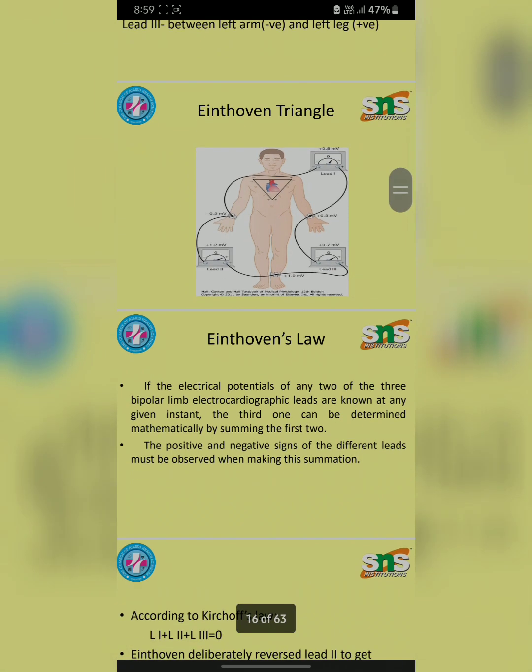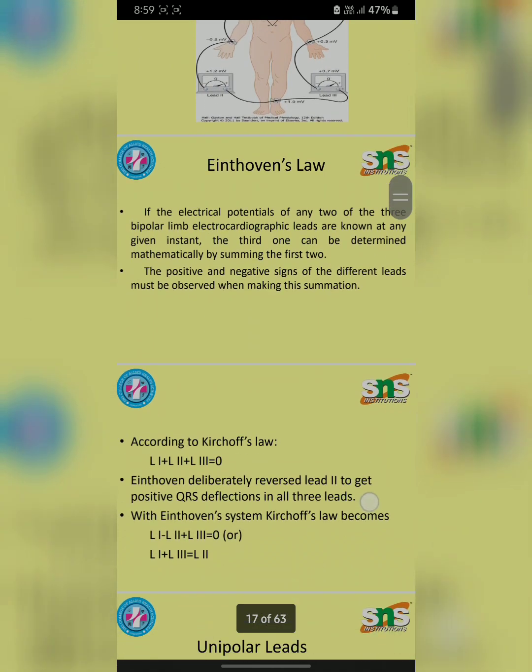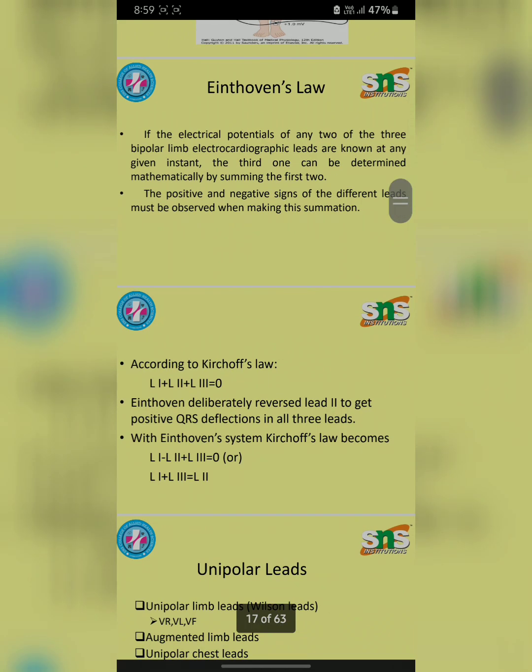According to Kirchhoff's law, lead 1 plus lead 2 plus lead 3 is equal to 0. Einthoven deliberately reversed lead 2 to get the positive QRS deflection in all three leads. With Einthoven's system, Kirchhoff's law becomes lead 1 minus lead 2 plus lead 3 is equal to 0, or lead 1 plus lead 3 is equal to lead 2.